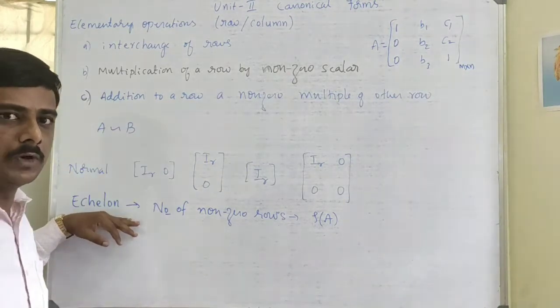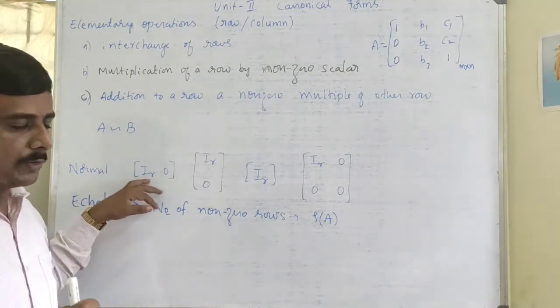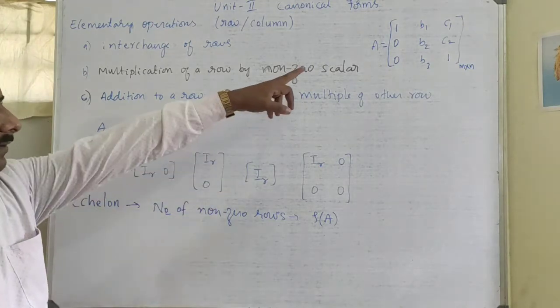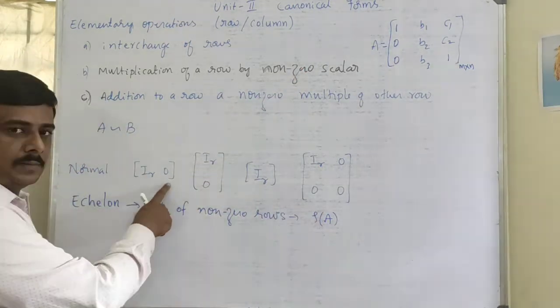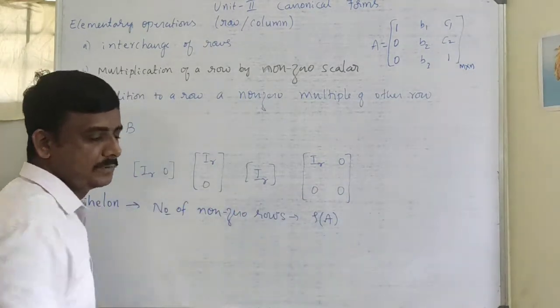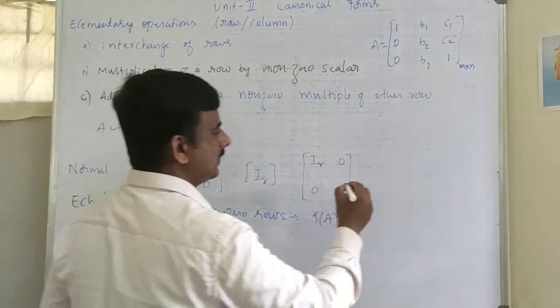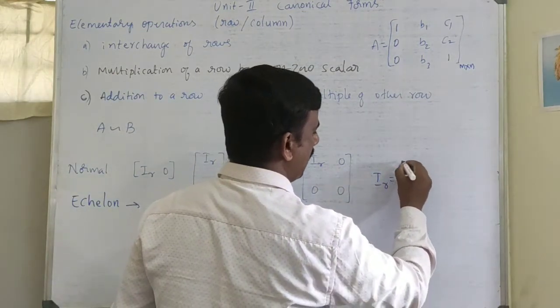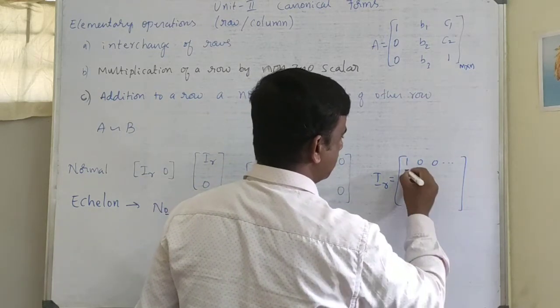We don't impose column operations there. Now we can apply any row operation or column operation to reduce the given matrix to any one of these forms: I_r, or I_r 0, or I_r 0 over 0 0. Here I_r represents an identity matrix of order r.